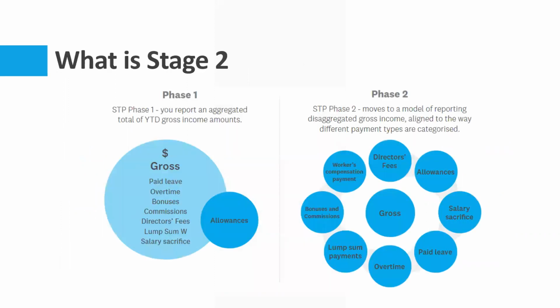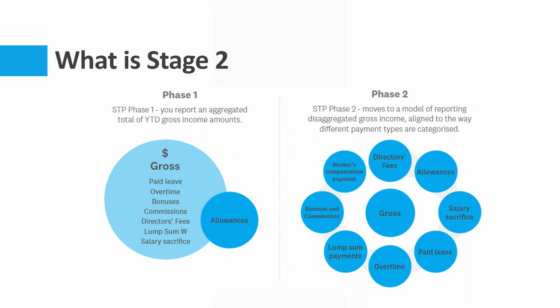So what is stage 2 in more detail? Previously, under STP phase 1, you reported an aggregated total of year-to-date gross income amounts. STP phase 2, stage 2, which is a bit of a mouthful, is all about breaking down the gross wages into separate details.